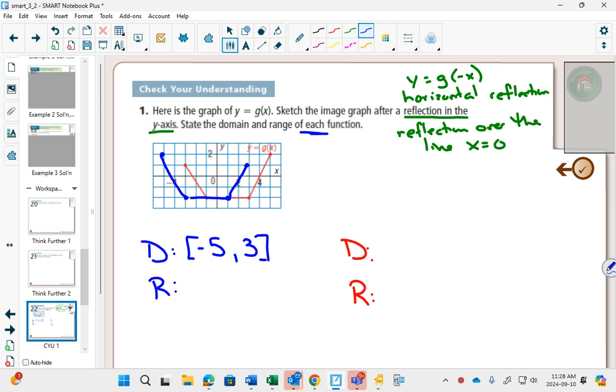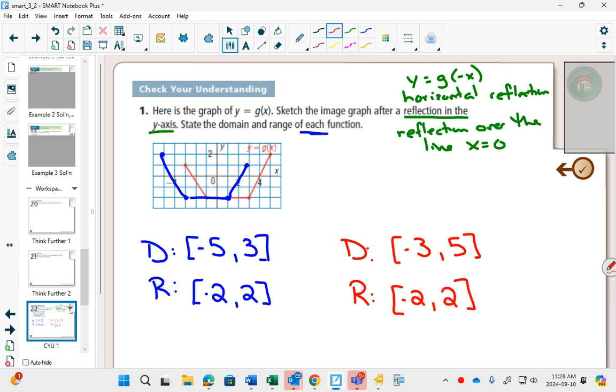For the range, my smallest y value is -2. And my biggest y value is +2. On my original graph, the red one, my smallest x value was -3, and my biggest x value was +5. And in my range, my smallest y value is -2, and my biggest y value is +2.